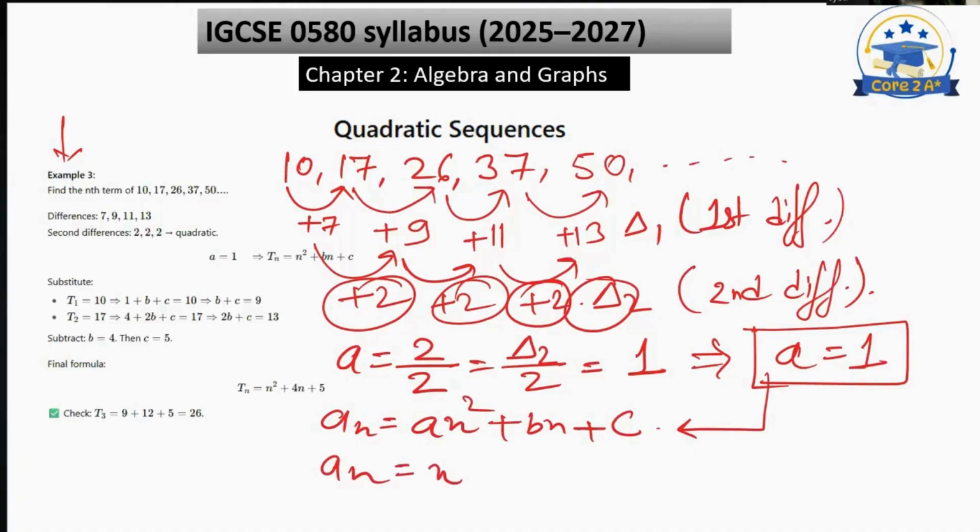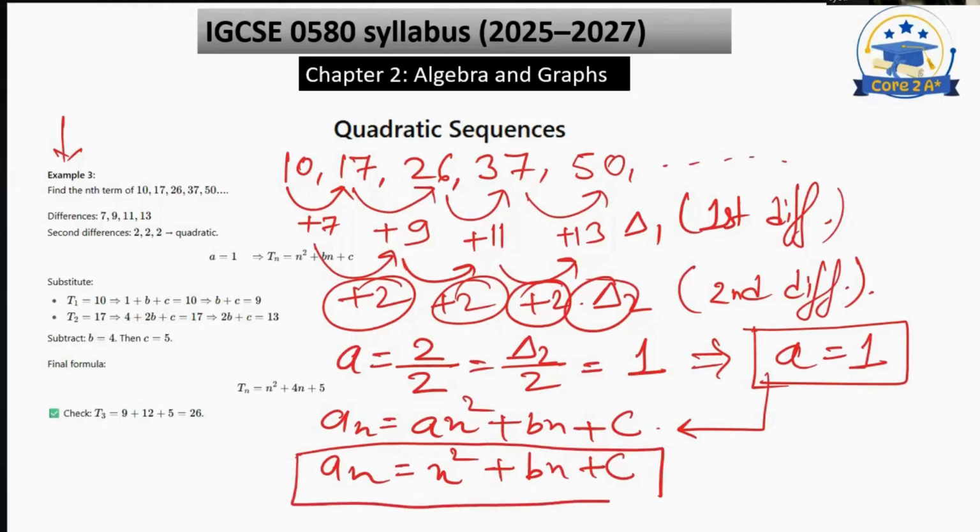An equals n square plus Bn plus C. And you know very well, this equation is very important to get the further values like B and C. Even you can check any term with this, with the help of B and C, right?